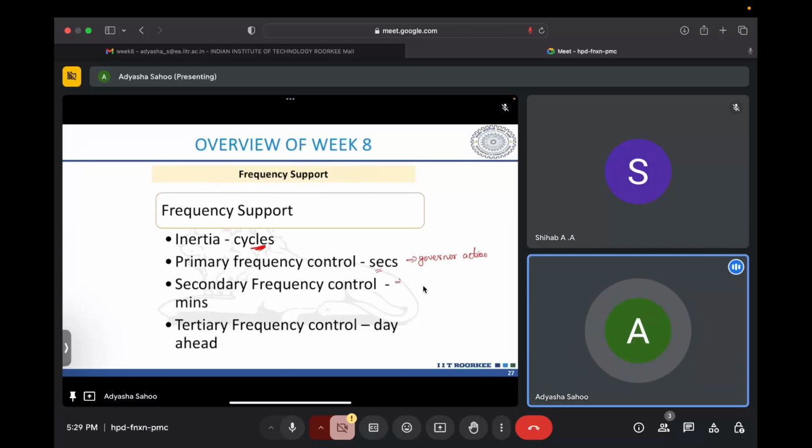Here we try to change the power flow between the tie lines, between A and B. Let's say there is a frequency dip or rise in region A, then the power flow through this tie line AB is changed to support the frequency in area B. So this is your timeline control.